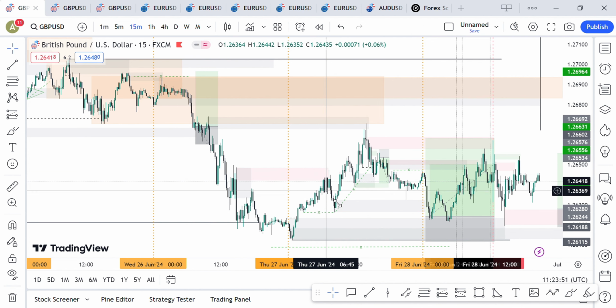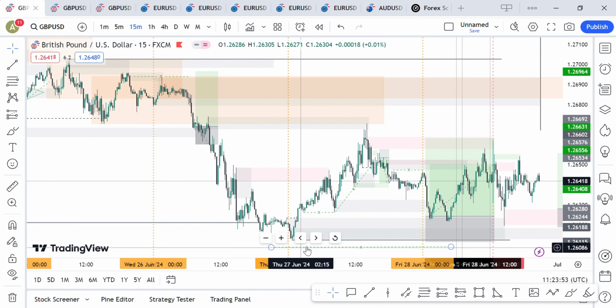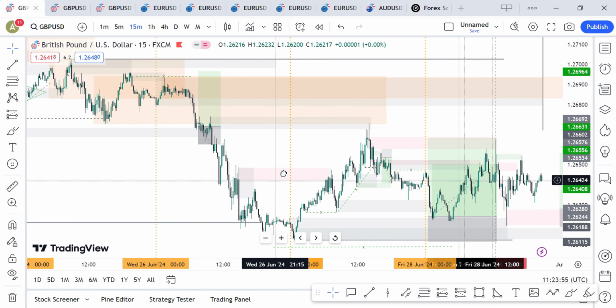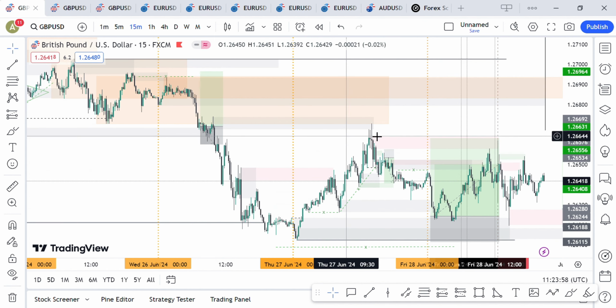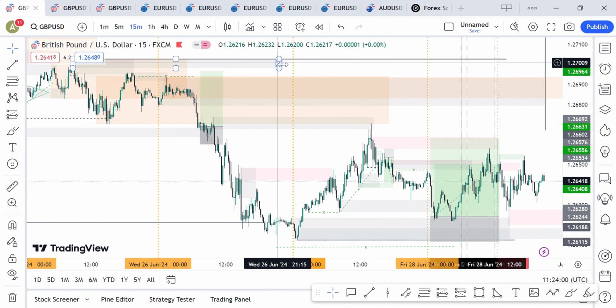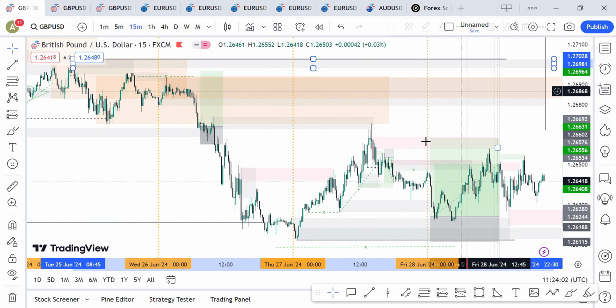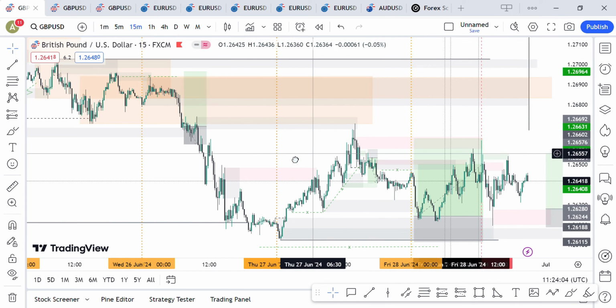I wanted to take this trade, but I wasn't sure if it was going to break this lower part, because we still had other unmitigated areas that were not touched. So I just left the trade to run.